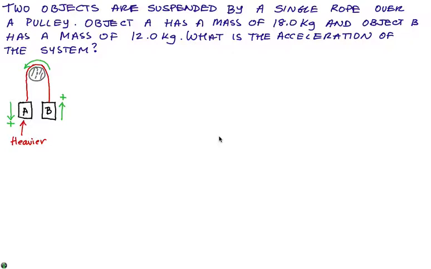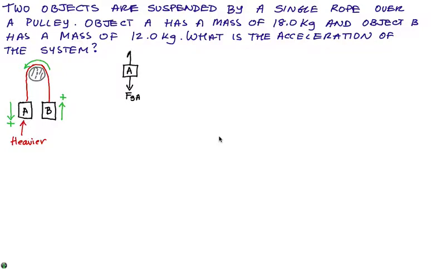So when it comes to drawing the free body diagram, we need to use those two coordinate axes that I just drew in green. So let's draw the free body diagram for A. So there's A. And A has gravity pulling downward on it. So that would be FGA.